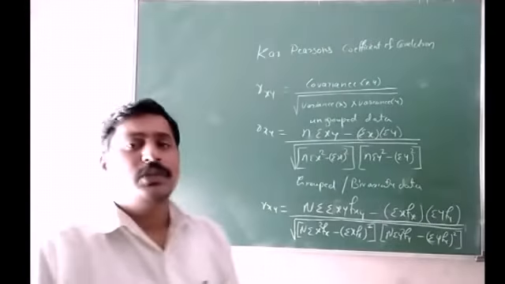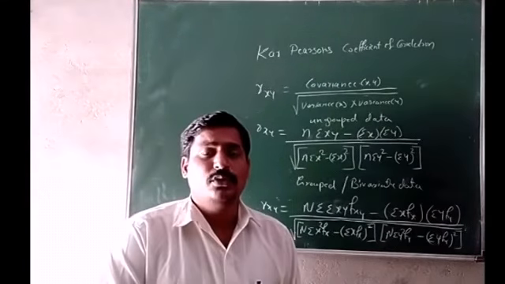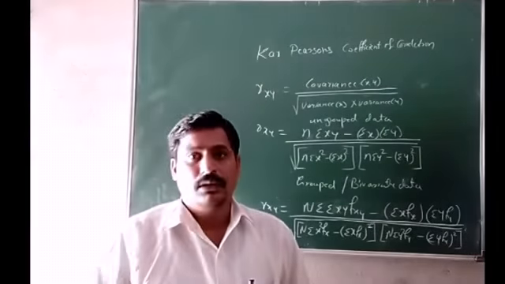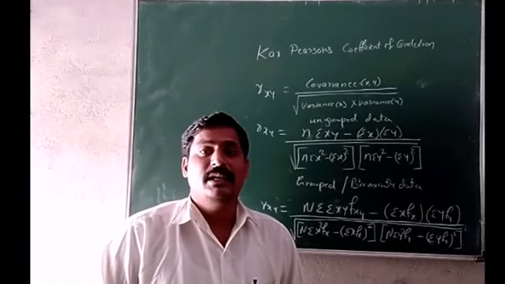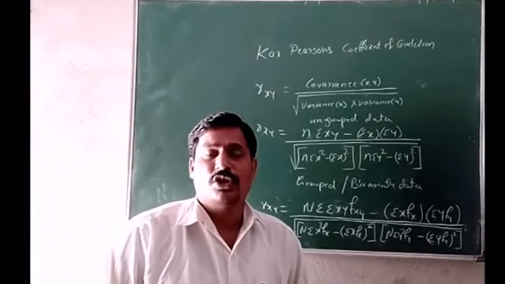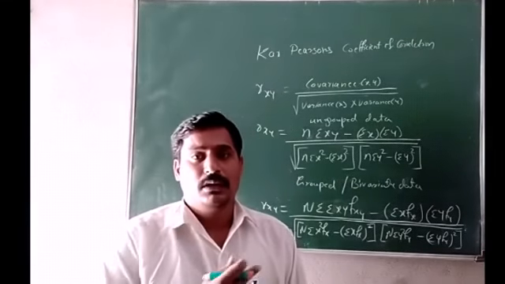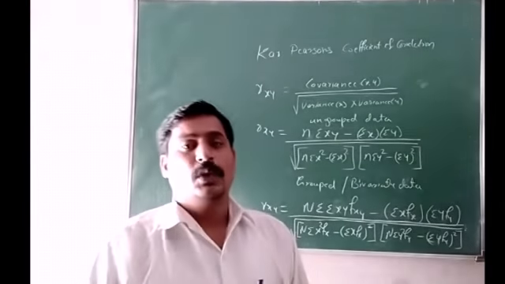So for that we try to reduce the digits and calculate the problem by taking the deviation method, or shortcut method, using the property of Karl Pearson's coefficient of correlation.